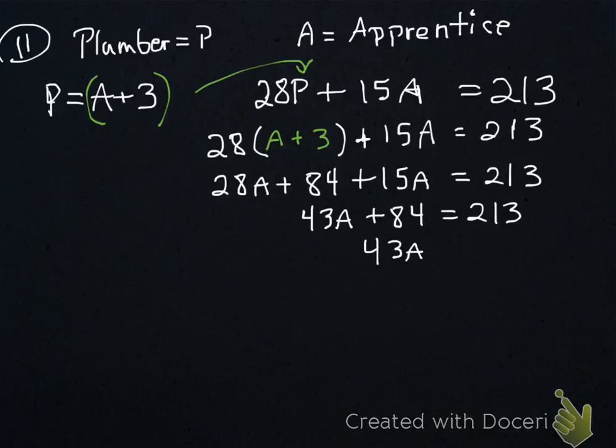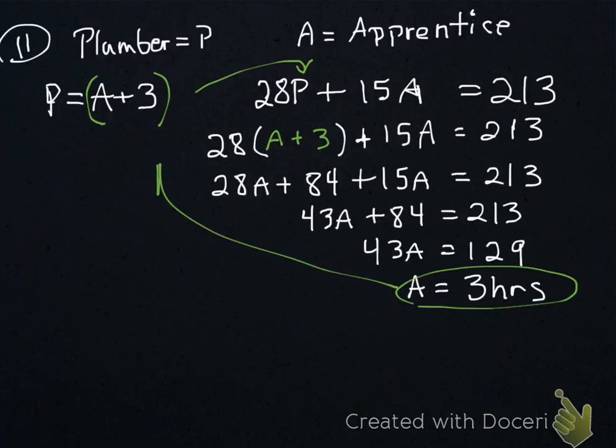So I have 43A equals 129. Divide by 43 and I get 3. So that's 3 hours. The apprentice worked 3 hours. So if the apprentice worked 3 hours, how many hours does the plumber work? Well, the plumber worked 3 more than him, so the plumber worked 6 hours.